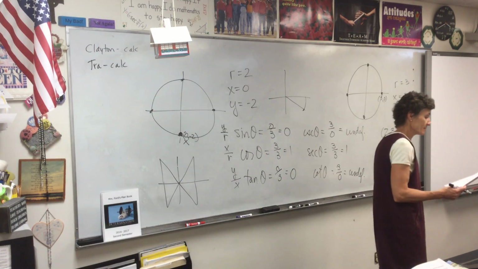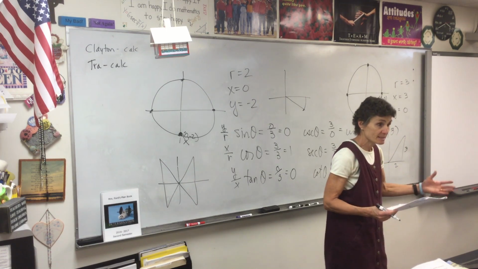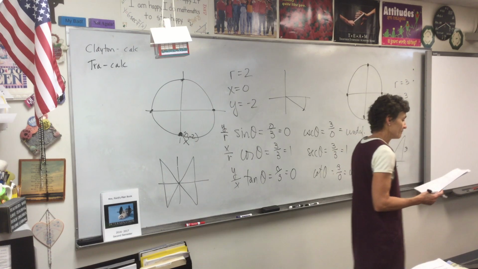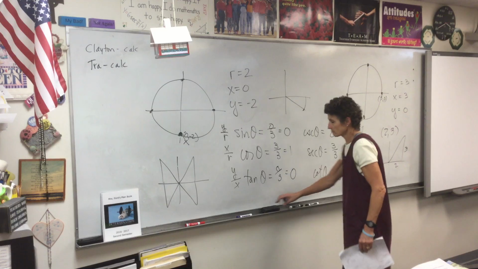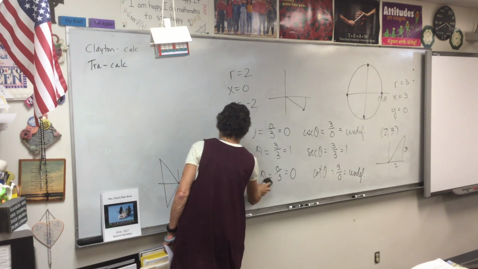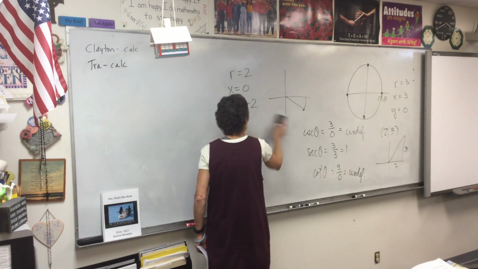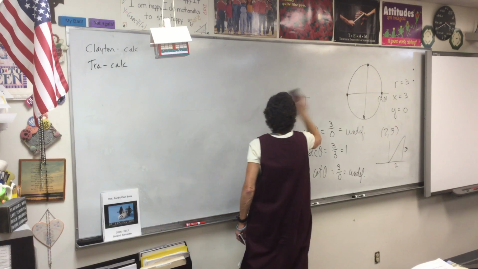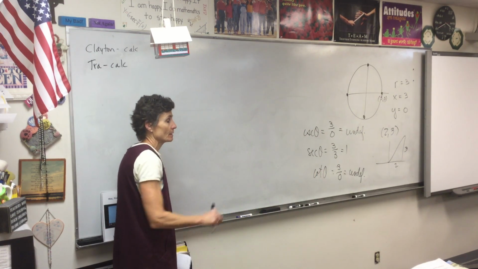Number 3 says, tell the sign, that means positive or negative, of the sine, cosine, and tangent in the given interval. Now, this happens a lot. It looks really hard, but it doesn't have to be.